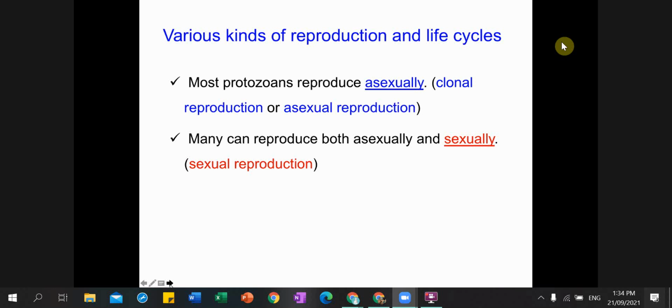So over here, two types of cells work together to form babies. We call it sexual reproduction. We will look at how to define sexual reproduction in protozoans. And therefore, some only reproduce asexually, some can do both. It means they can reproduce by themselves or they need a partner to reproduce.